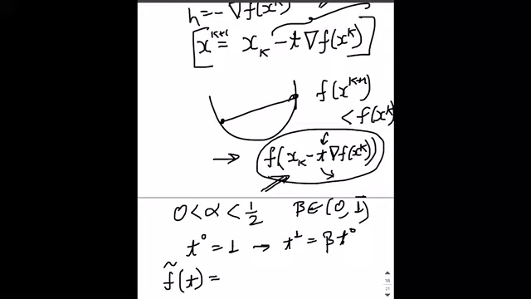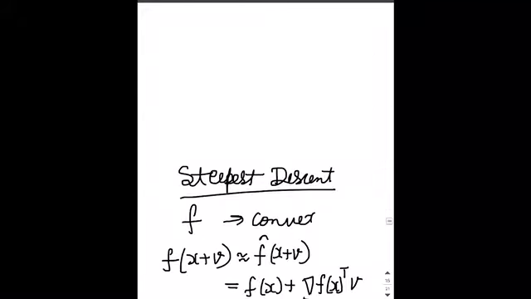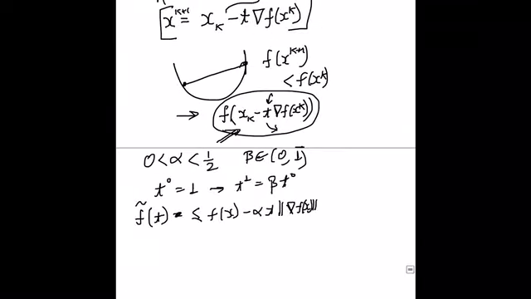This is less than or equal to f of x minus alpha times the squared norm of the gradient of f at x. Until this is satisfied we keep on reducing t. So this is backtracking.